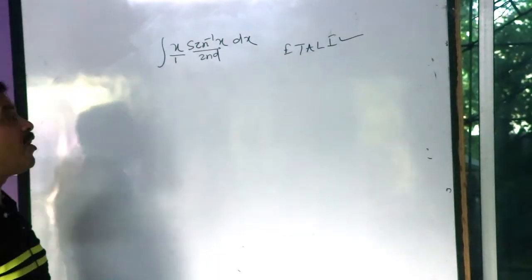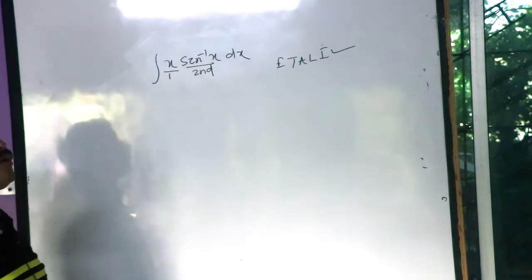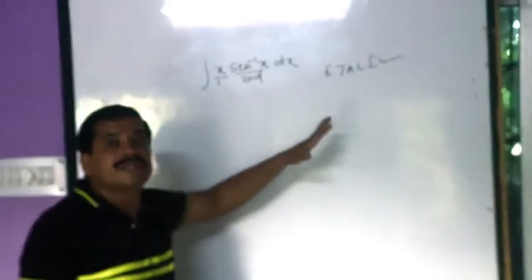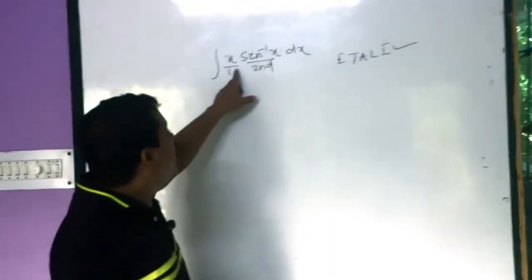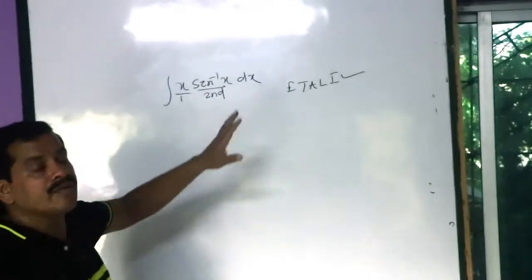An inverse trigonometric function cannot be the first function, always it will be the second function, because the direct integration of an inverse trigonometric function is not available. So we always take the inverse trigonometric function as the second function, and x is the algebraic function. Here A comes first, I comes last. So x is the first function, sine inverse x is the second function.